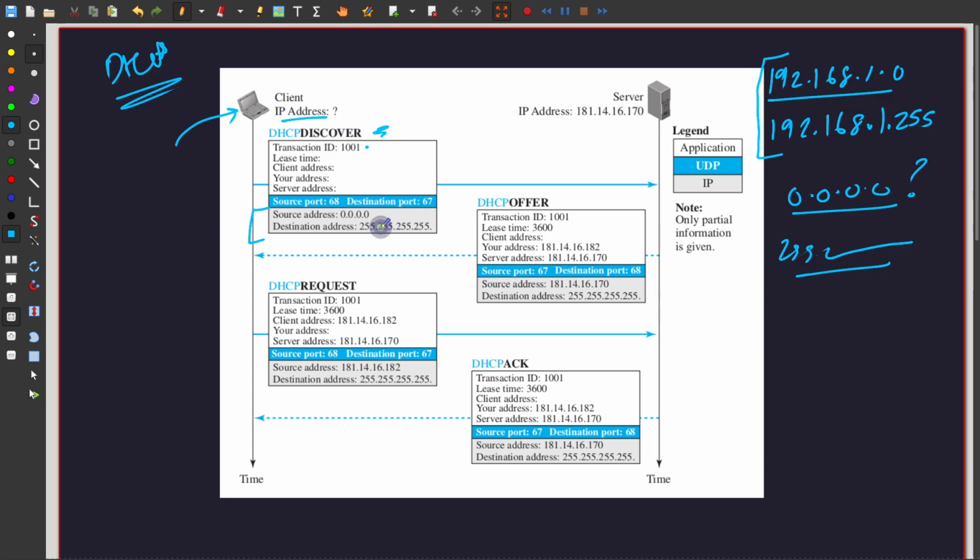So it follows a standard where, if you are unknown and have just entered a network, you will say that this is my address. It will just claim to be 0.0.0.0, even though it does not exist. That's completely okay. It says I am 0.0.0.0 because again it does not know what its subnet is, what its IP is.